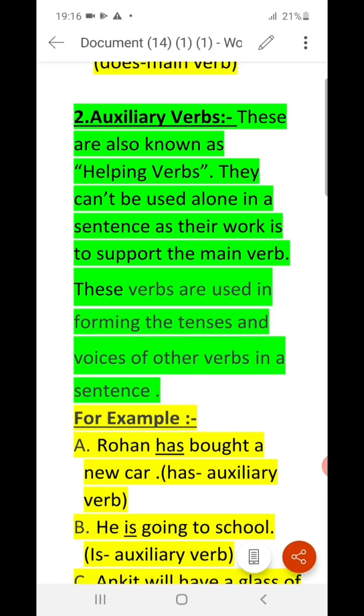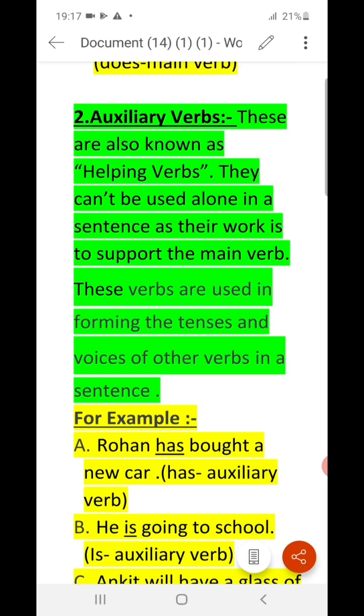Students, auxiliary verbs are known as helping verbs, as their main work is to help the main verbs in different kinds of sentences.